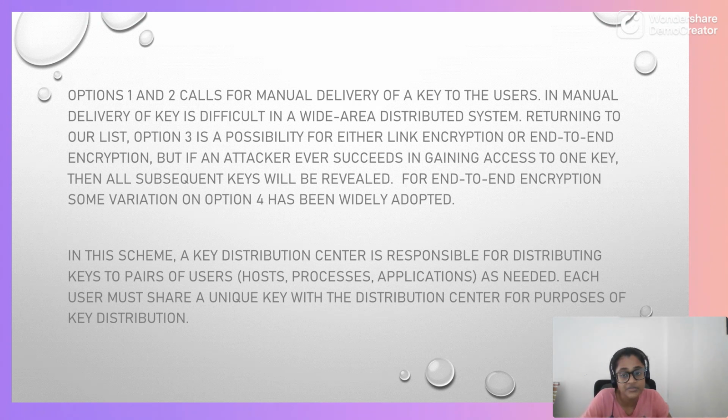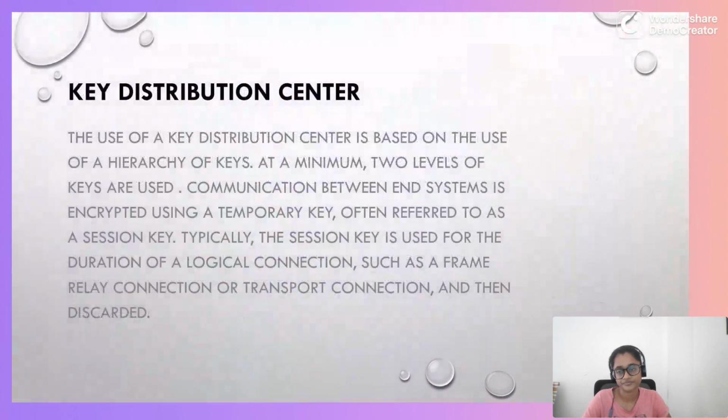In this scheme, the key distribution center is the third party, and it is responsible for distributing keys to pairs of users. These users can be hosts, processes, or applications, anything as needed. Each user must share a unique key with the distribution center for purposes of key distribution. So this is the fourth option.